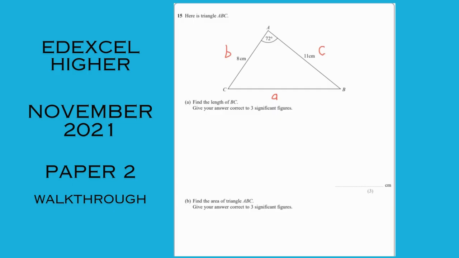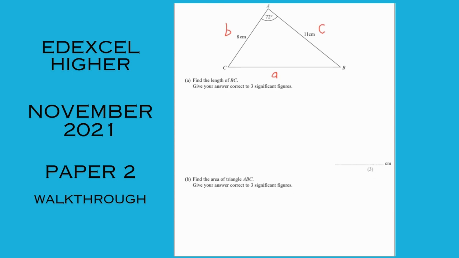This is one of those rare situations where they are fine, so just crack on. A squared equals B squared plus C squared minus 2 times 88 cos 72. You get 130-ish.